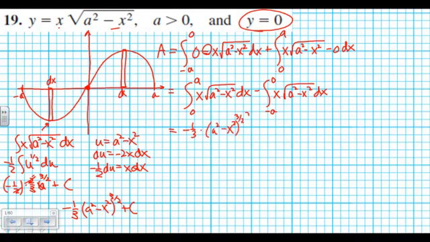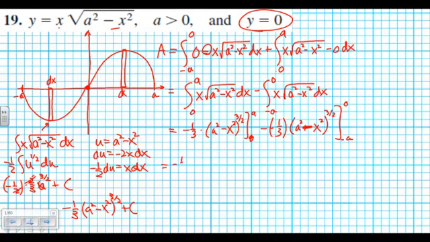evaluated from 0 to a, minus a minus 1/3 a squared minus x squared to the 3/2 evaluated from negative a to 0.